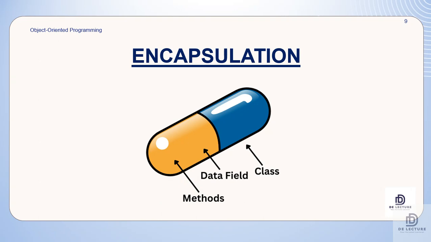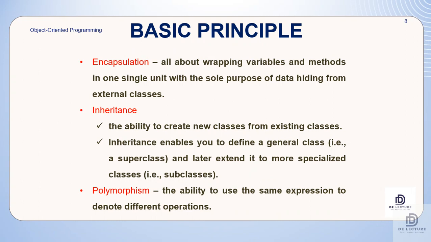The same thing is happening in encapsulation. Our class is covering all our data fields and methods within itself, meaning covering up. I'm so shy, I have to cover up everything, so I don't let anyone else access or tamper with my data fields. That is the purpose of encapsulation.